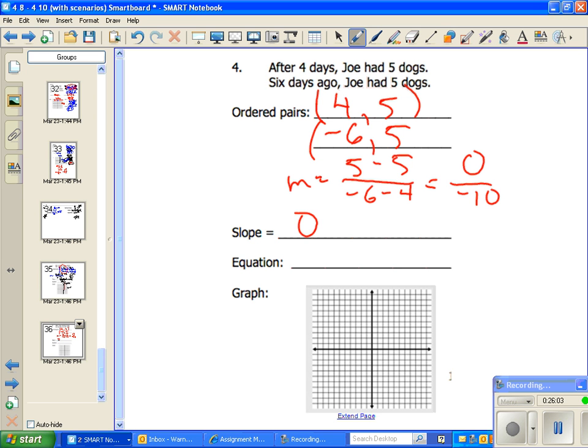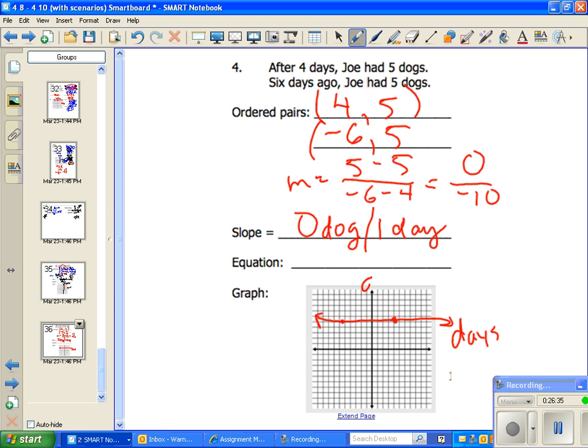0, what's the word? 0 what every what? 0 dogs every, okay, every day, every 10 days, it doesn't matter. He still always increases by 0. Okay, to graph it, go right 4, up 5, left 6, up 5, okay, and then draw your line.